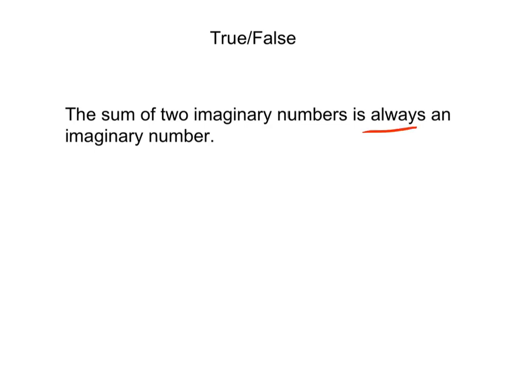So it says I'm adding two imaginary numbers. Now adding includes subtraction. So I can add negatives, for example. And then I'm saying I'm always going to get an imaginary number. So I'm saying I take some term bi plus another term, ci, is it always going to be an imaginary number?